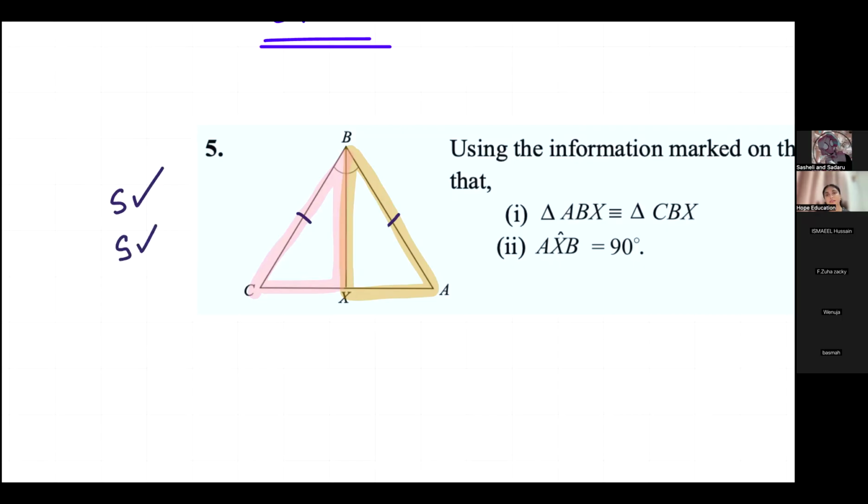Then what else do we have? Is this side equal to this side? Have they given that? No. Have they given that this angle is equal to this angle?